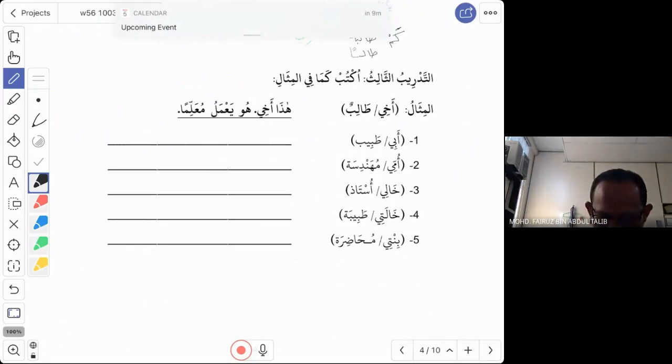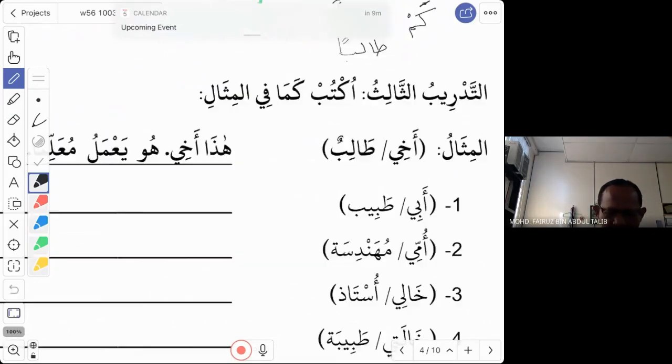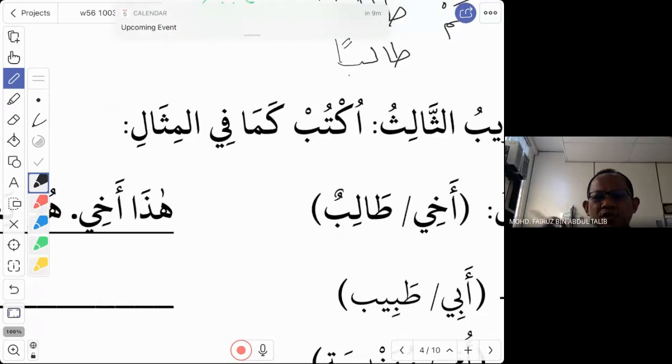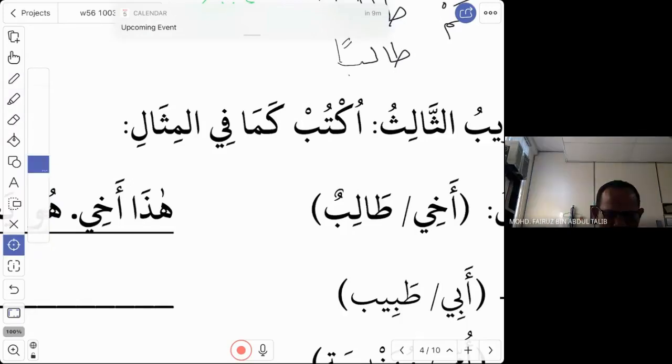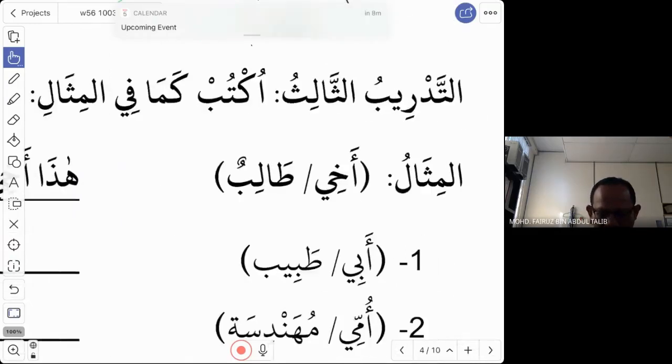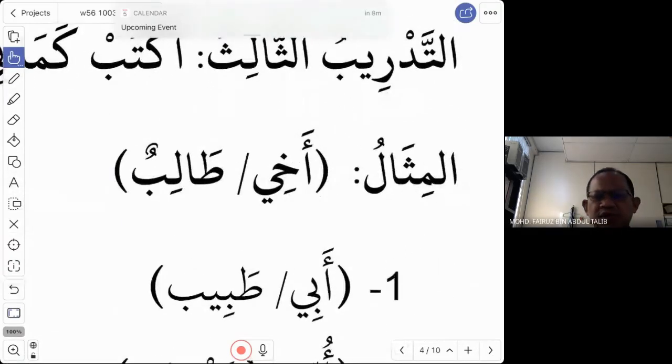At-tadribu thalis. The instruction says oktub, write, kama fil mithal, as in the example. And that's what you see in the example. So here in the example, in the mithal, they gave you two words, akhi wa talib.